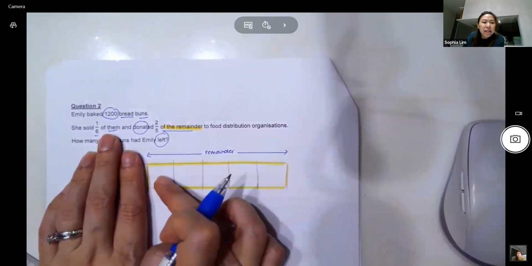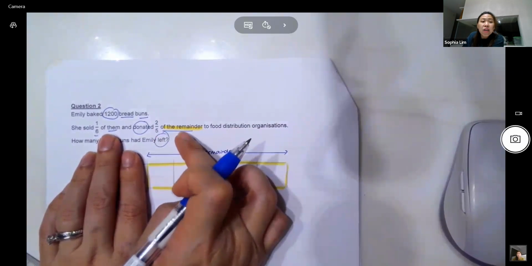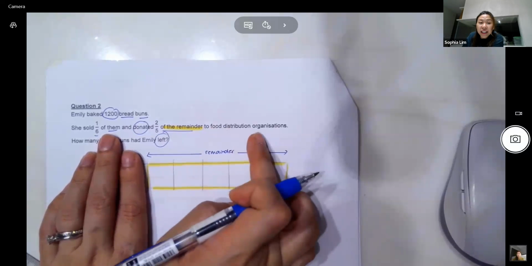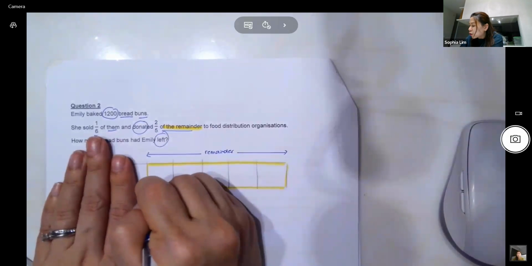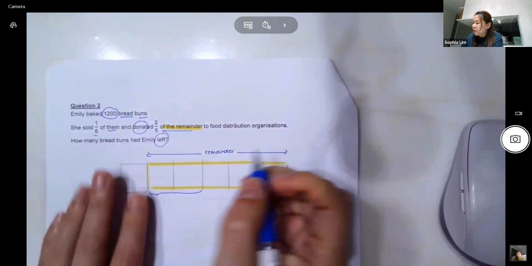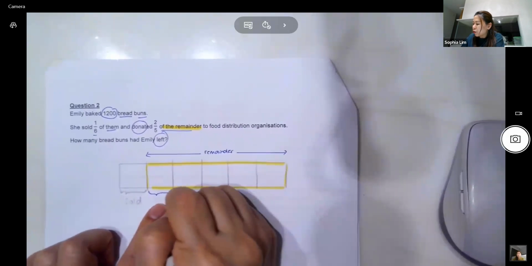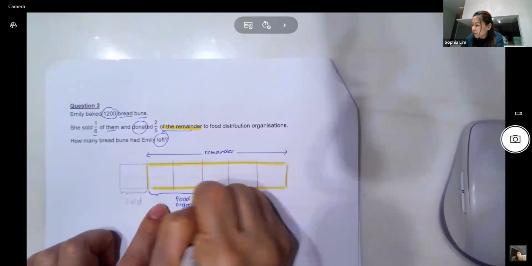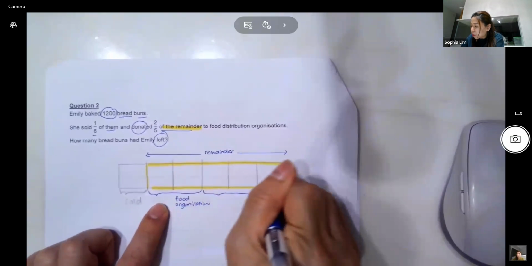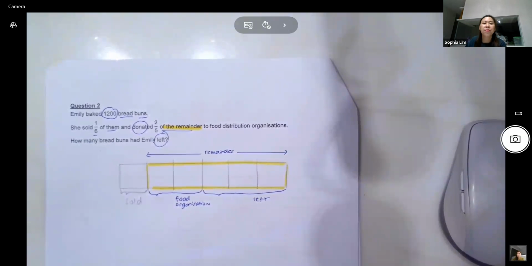Out of the remainder, 2 out of 5 of them are donated to the food distribution organization. And this portion is what is left by Emily.